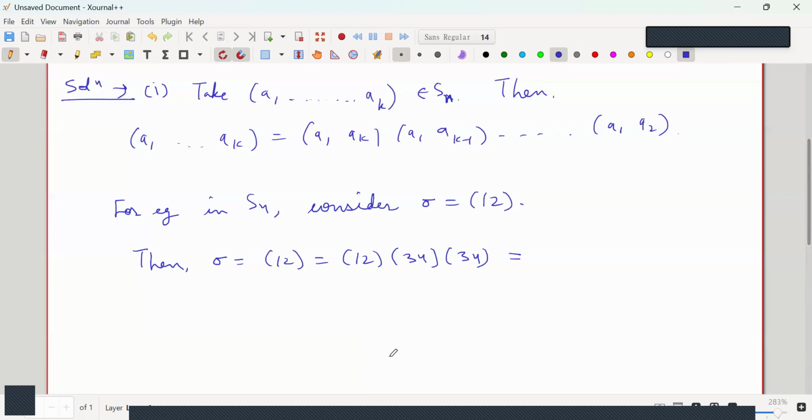Isn't it? So there are distinct ways of writing sigma as a product of transpositions.